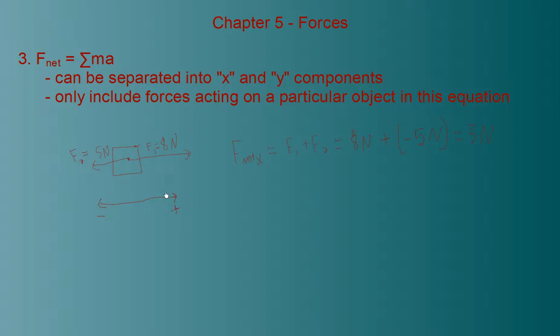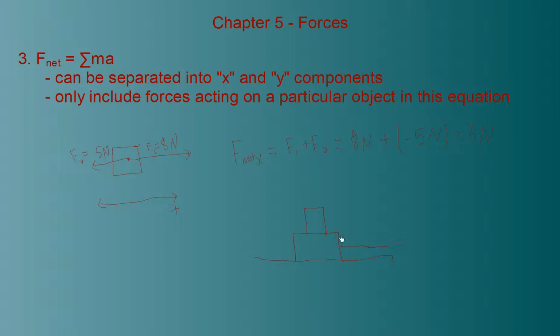But as you'll see when we deal with problems where the forces act at angles, we've got to do components and all that stuff. And you only want to include forces acting on a particular object. So let's say we have the ground and a block here and a block on it and a rope pulling this block.